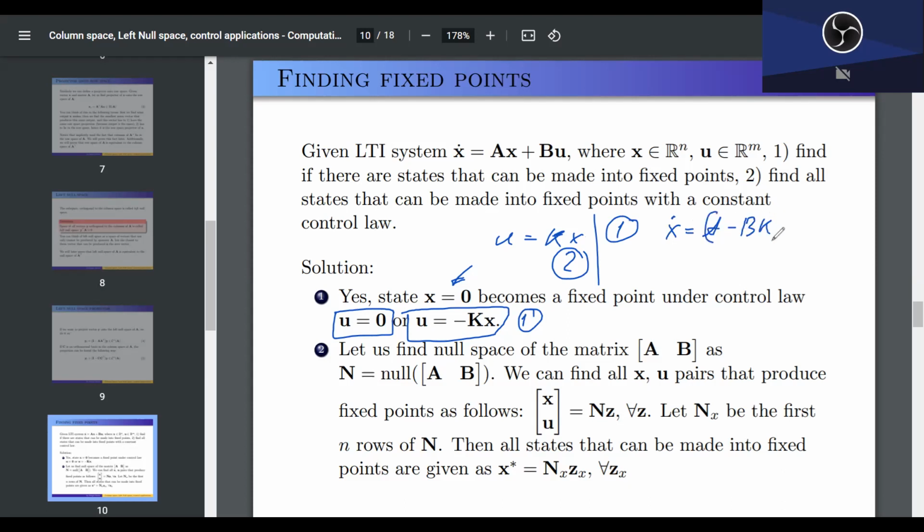I think that is very familiar to those of us who studied classical control theory in the technically oriented class. Probably most of you saw it this way. The second control law would give us a closed loop system of this form.